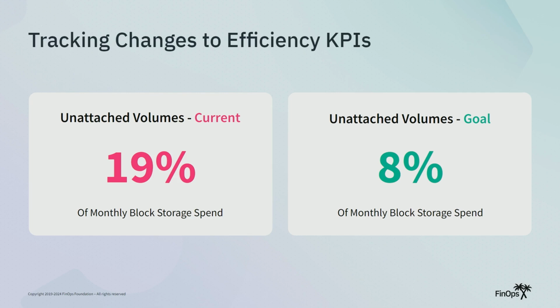And the cool thing about this too is we said track efficiency, not savings. You can estimate savings from this though. If our idle instance spend went from 20% of our spend to 10%, and over the same time period our total spend went from 1 million to 2 million, I can say, at 1 million, 20% was idle, so that's $200,000.